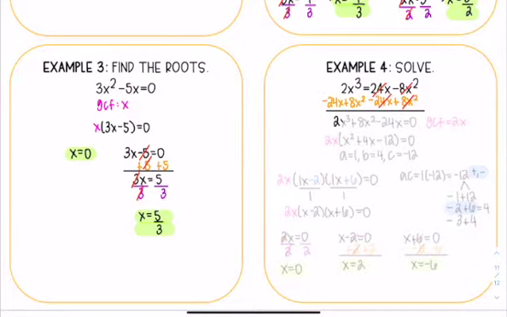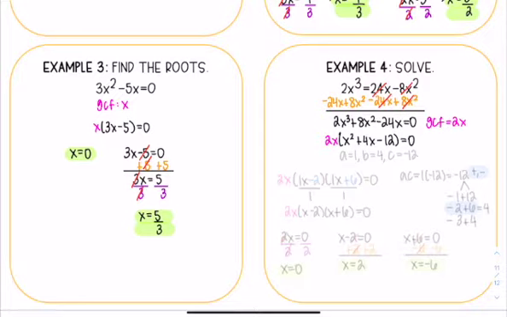And we get 2x cubed plus 8x squared minus 24x equals 0. Do I have a GCF that I can take out? I can take a 2 and an x out. And so what I have left over is x squared plus 4x minus 12.